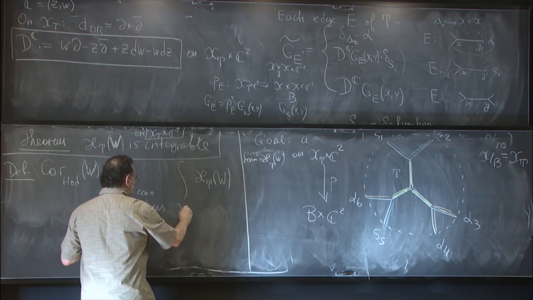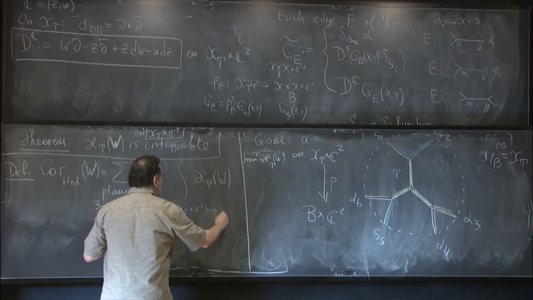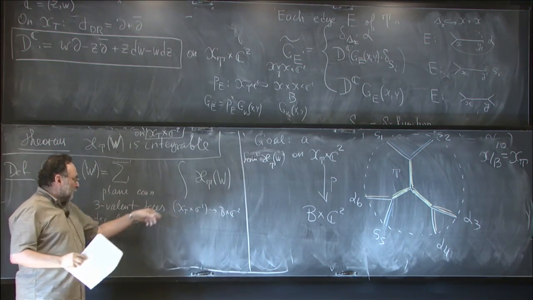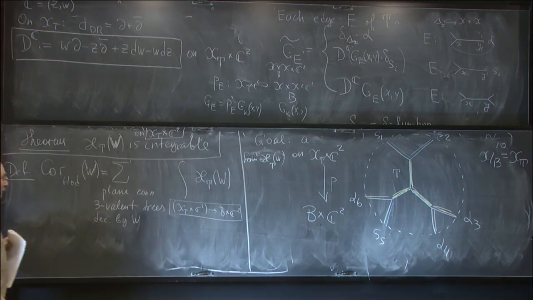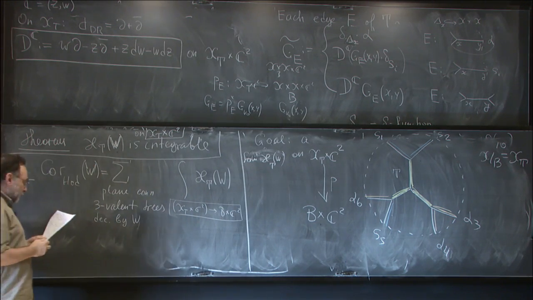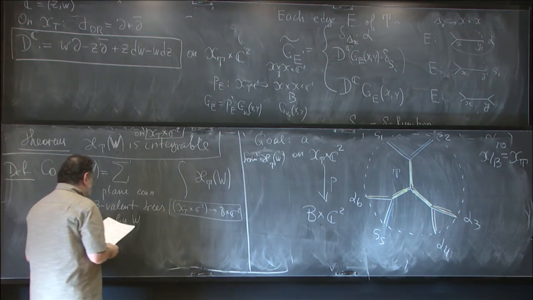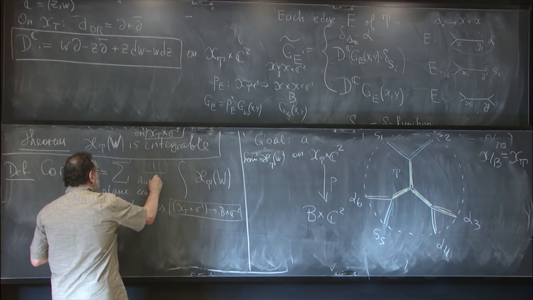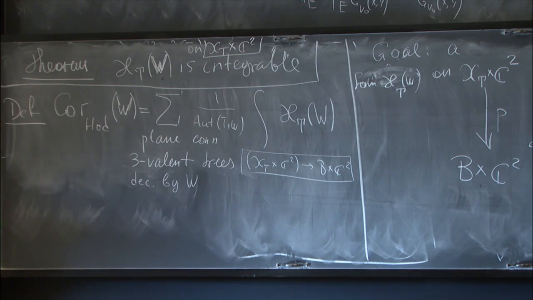So you have a map from X sub T cross C2 to B cross C2. This integral sign underneath means that you take the push forward of this distribution. If you have a distribution, you can always take a push forward. Then you divide this by some normalizing coefficient. And that's it. That's the definition.